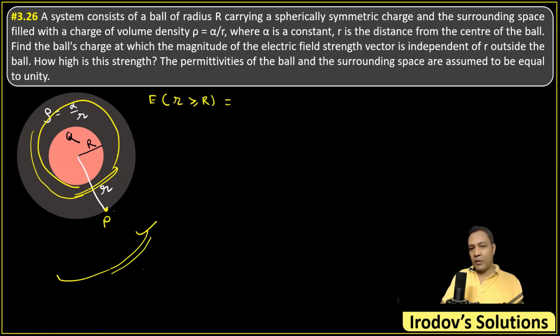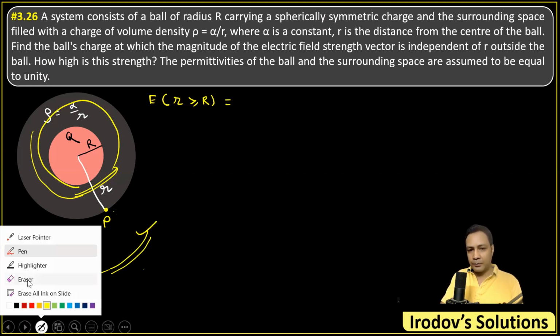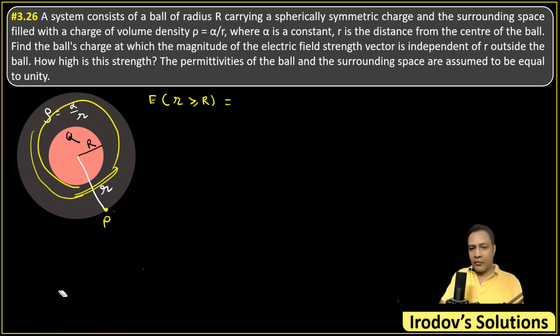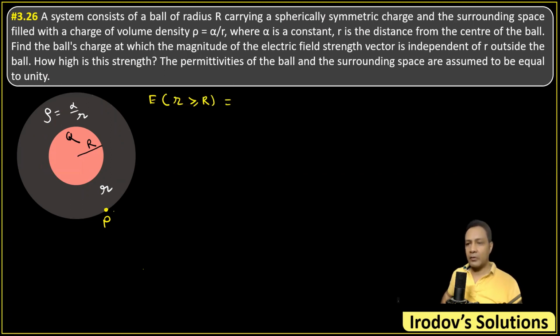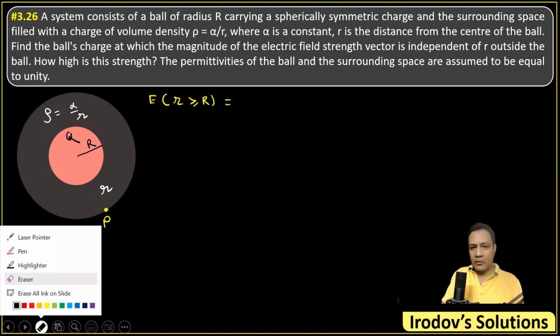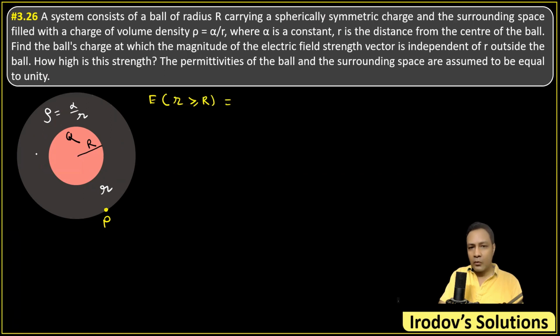And for all charges within P, to find the electric field we put the whole charge at the center and apply the formula of the electric field of a point charge. Suppose the charge in the outside region, from capital R to small r, is small q.